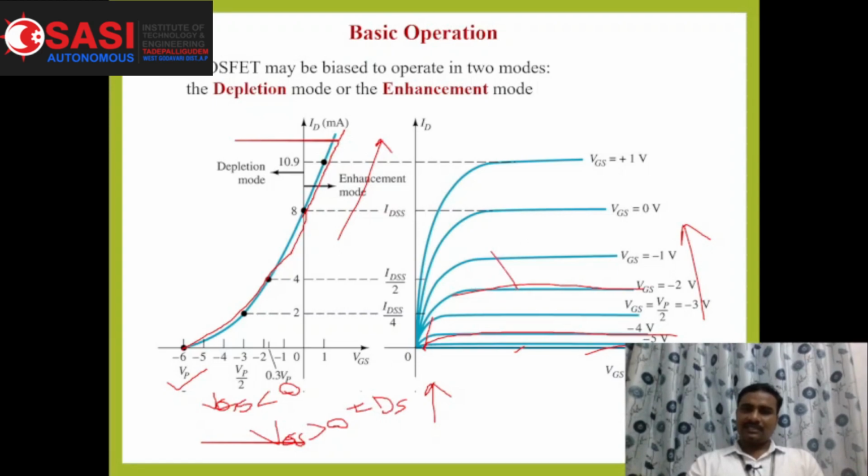That's why it's a D MOSFET. But a D MOSFET can be operated in both areas, depletion and enhancement mode of operation. That is the point at which IDS increases gradually from 0 to some value as VGS increases, then it becomes the enhancement mode of operation of the MOSFET switch.